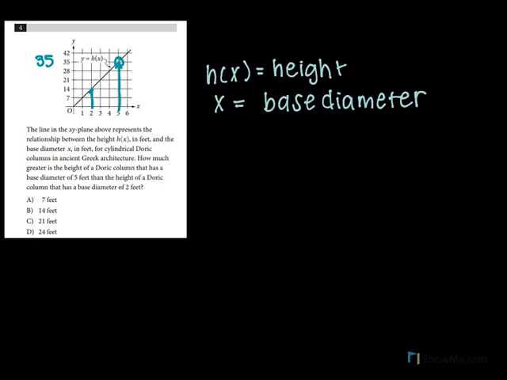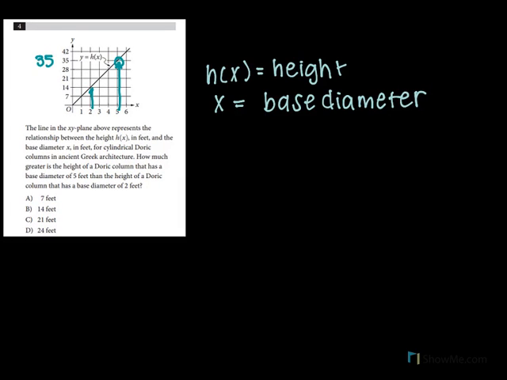So right here, it would be 14 feet. So now all we have to do is subtract those two values, 35 minus 14, and that would be 21 feet. So that's our answer.